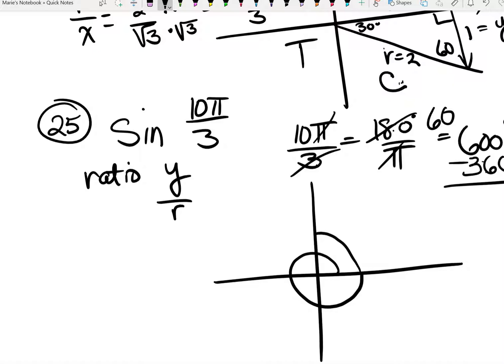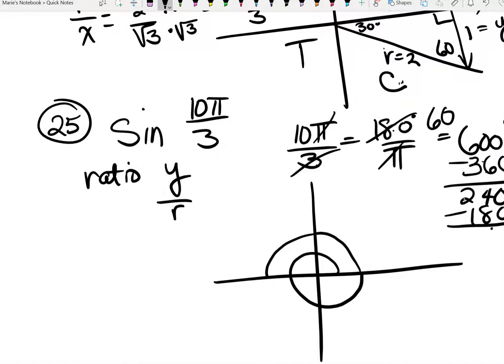So if I take my calculator, as you will, you're going to start with 600, you're going to take away 360, which puts us at 240. Okay, and then I'm going to take away another 180. By taking away another 180, so I'm going from here to here, I'm still short 60 degrees.